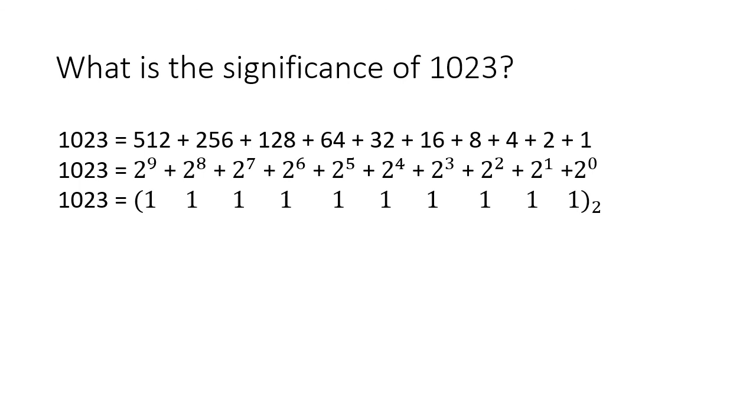This can be written in base 2 as a string of 1s. In fact, 10 ones in a row, written compactly. So we can represent the number 1023 in a register that has 10 places where all of the characters are binary. That is, they could be either on or off. In this case, they're all on, and this is in base 2.